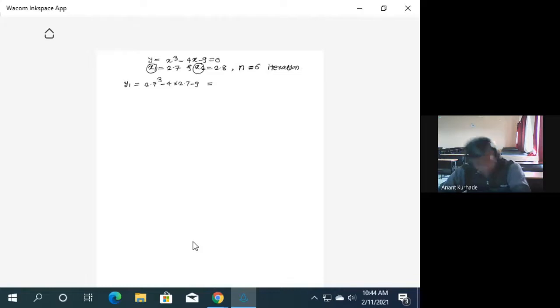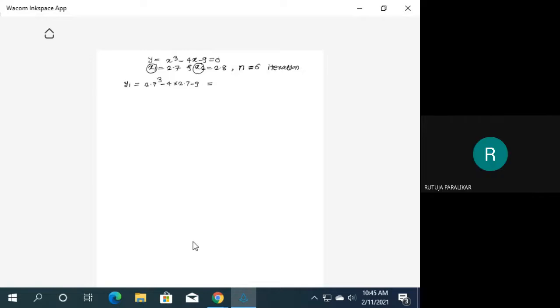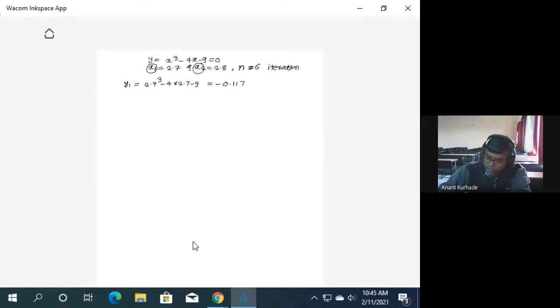So what is the value of y1? Up to 4 decimal places, it is minus 0.1170. So it is negative; write it in the bracket.